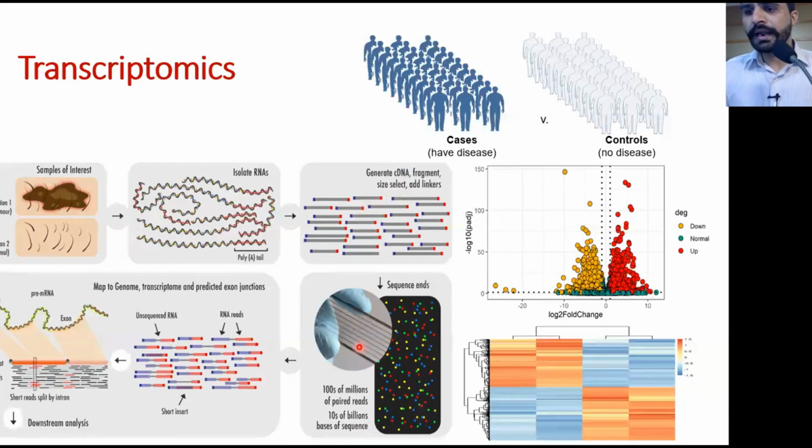We sequence it, and after sequencing we perform some bioinformatics analysis that we will talk about in this course. So we can find genes that are upregulated or downregulated in disease samples as compared to the control samples. So these are some glimpses of my research.